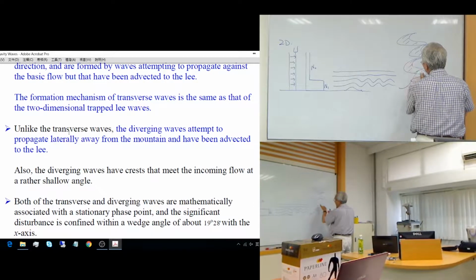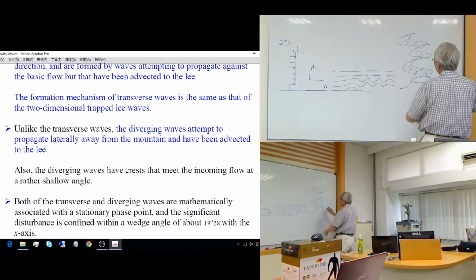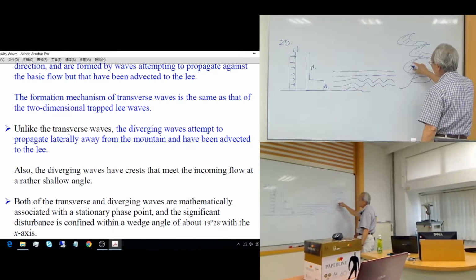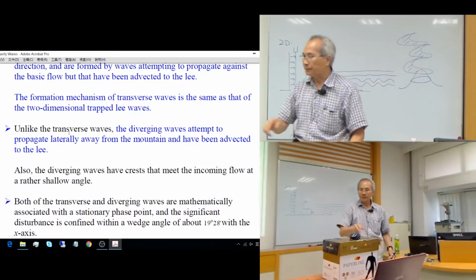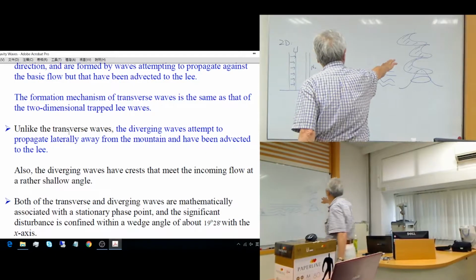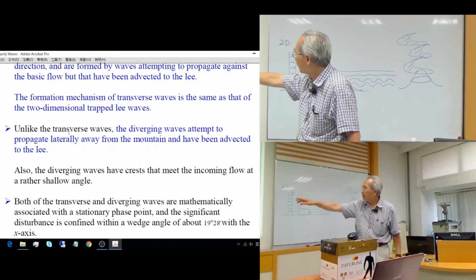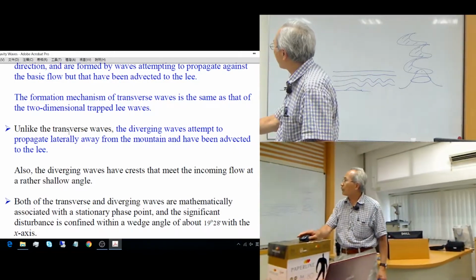They are tilted upstream, and those waves are U-shaped. Those waves are responsible for the divergent waves.